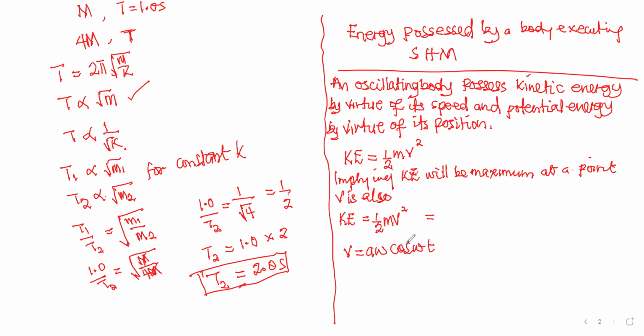So if we want to express this as such, then kinetic energy would be half mv squared. So v squared is A omega cos omega t all squared.